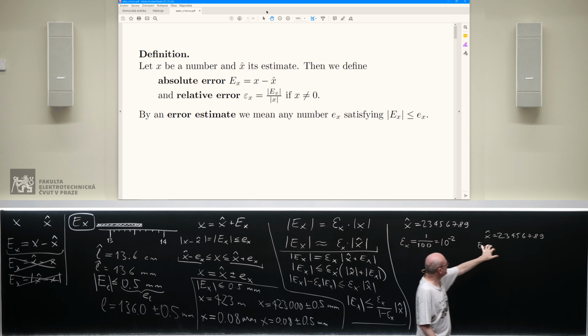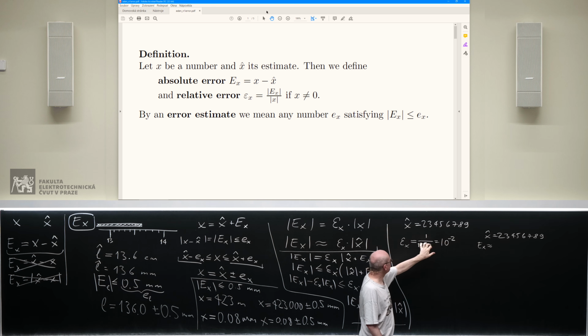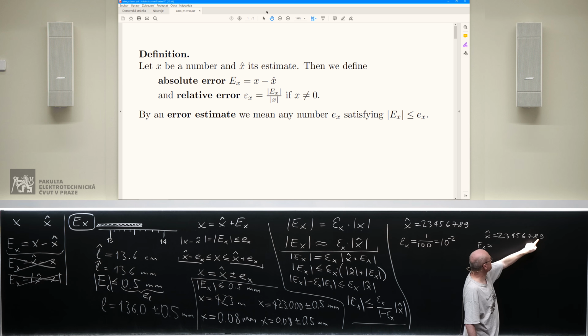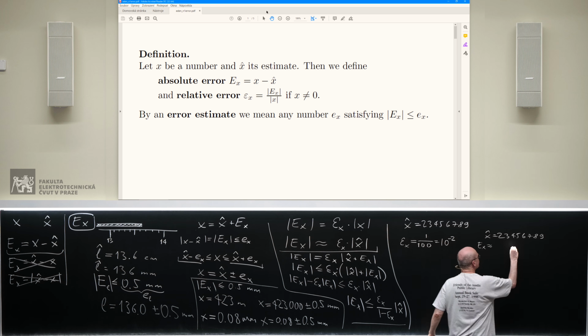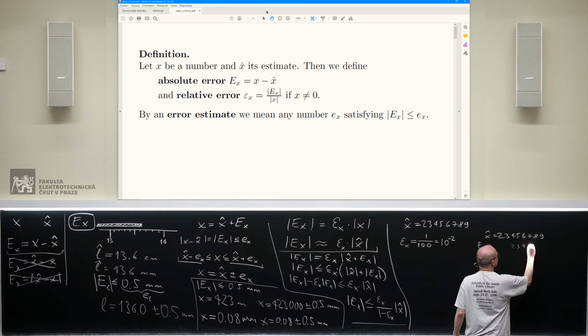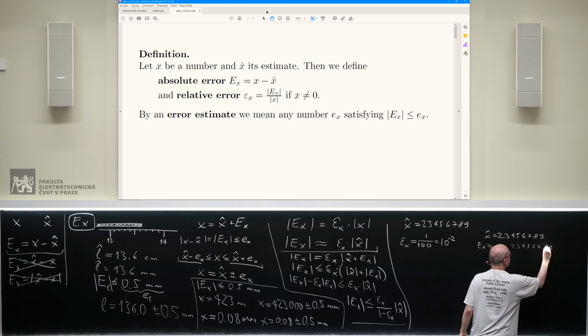So I take this approximation and I multiply it by the relative error. What does it do to it? Well, it will shift the decimal place by 2 places to the left. So the decimal dot goes 2 places to the left, which means the number as such shifts by 2 to the right. And it will be 2, 3, 4, 5, 6, 7.89.